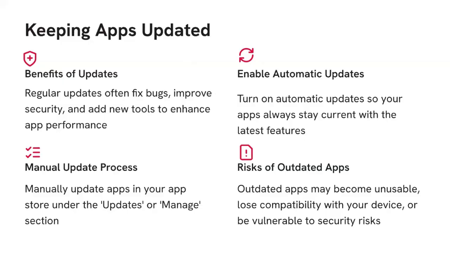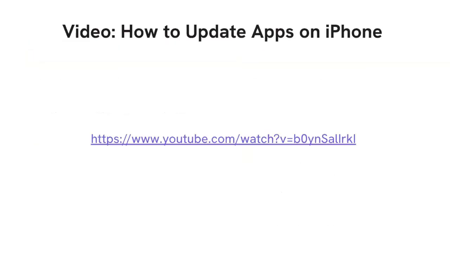And also we can enable automatic updates. It's really convenient if you enable that. So just turn on automatic updates so your apps always stay current with the latest features. And then the risk of outdated apps. Outdated apps may become unusable, lose compatibility with your device, or be vulnerable to security risks.